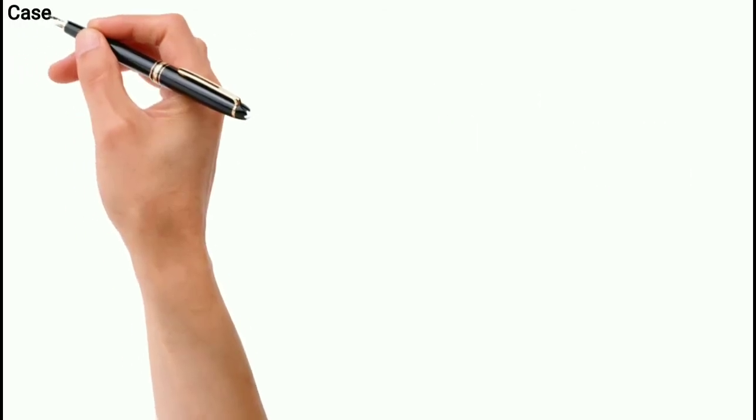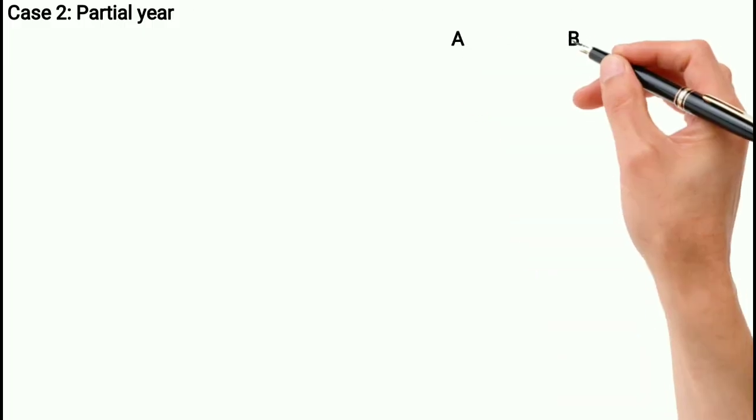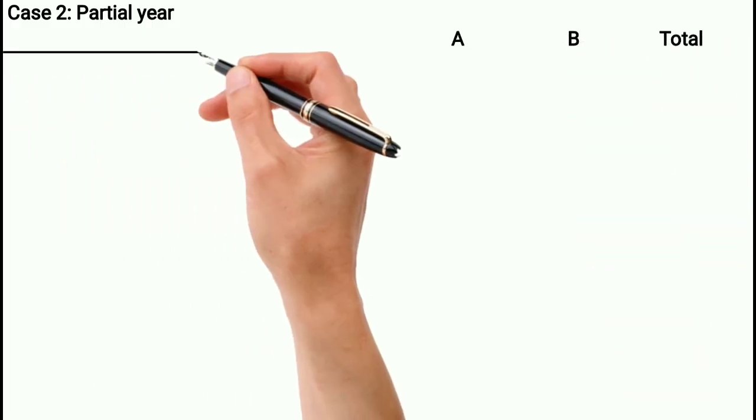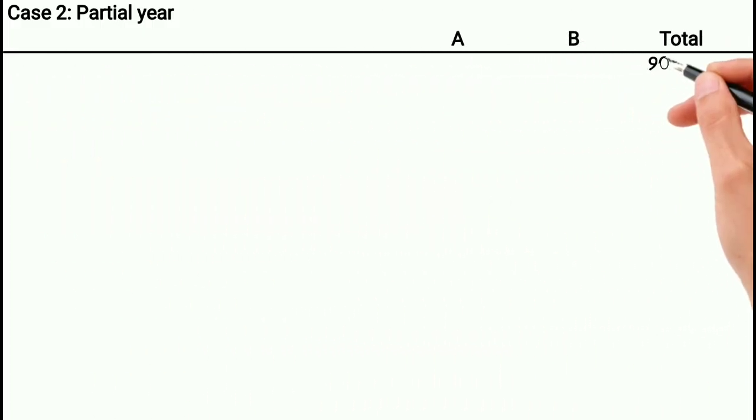Next, case 2 partial year. Provide the journal entry to close the income summary to the partners' respective capital accounts. Still same profit, 90,000 pesos before salaries, bonus, and interest on capital. Yun nga lang, yung 90,000 pesos na profit dito is for the 8 months ended December 31, 20x1.